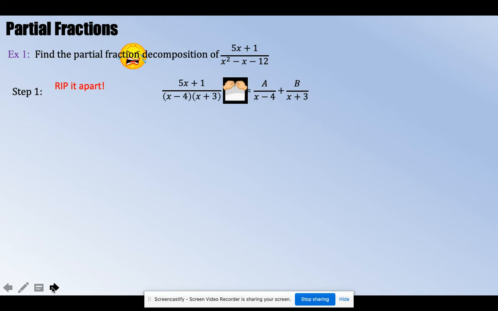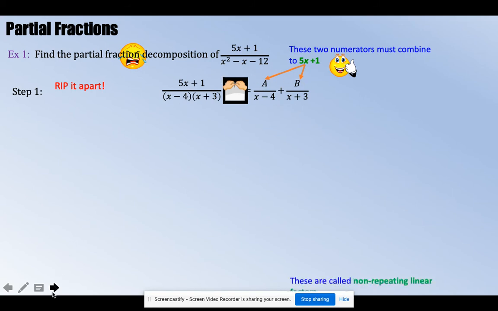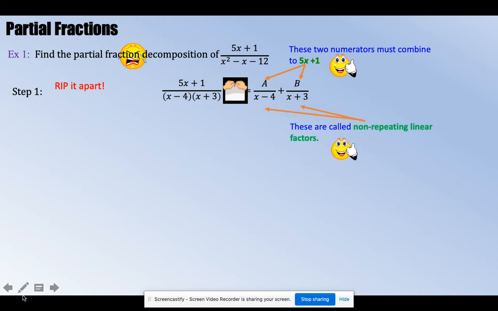Non-repeating linear factors means I've got two unknown numerators that when I go backwards, when I combine these two, A and B need to combine to 5x plus 1. Non-repeating linear factors are the easiest kind. If I have to do partial decomposition, I like to do non-repeating linear factors.